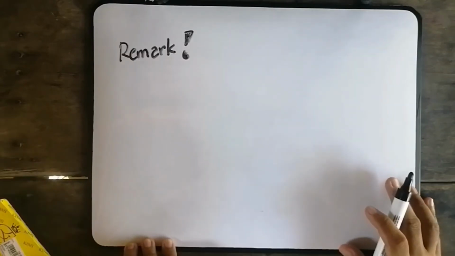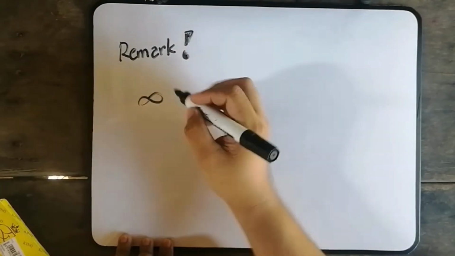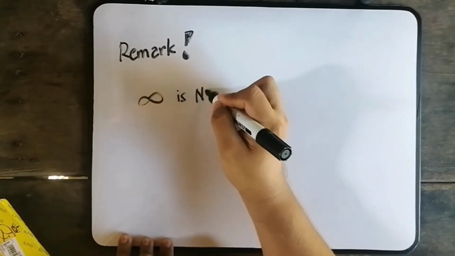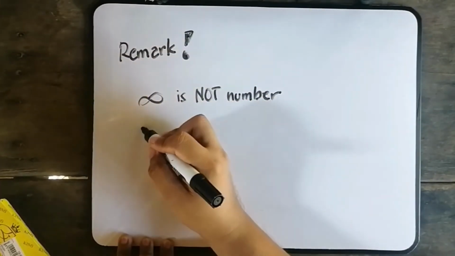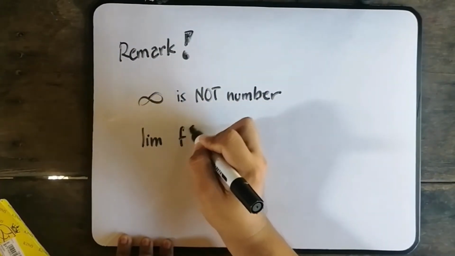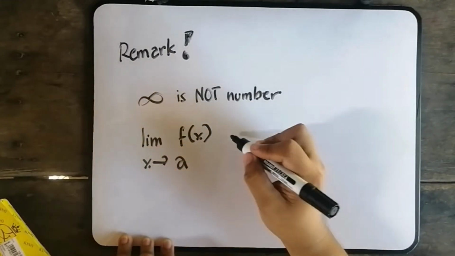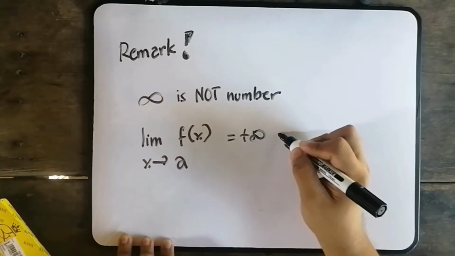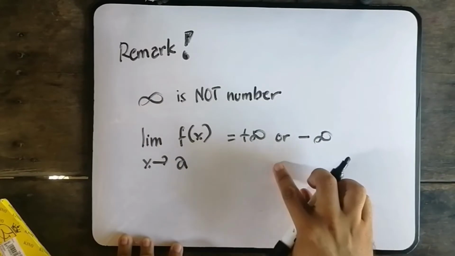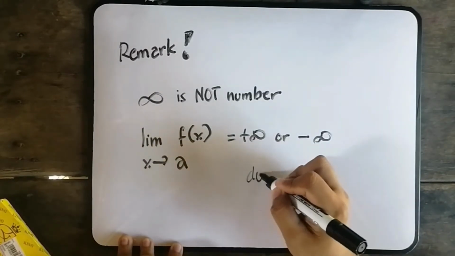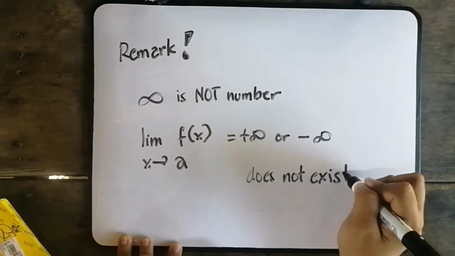It is important to note that infinity is not a number. Okay? Ibig sabihin nito, the limit of f of x as x approaches a equals positive infinity or negative infinity, this means that the limit does not exist. Okay?